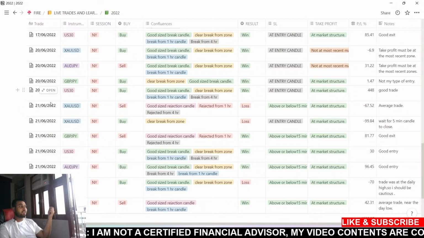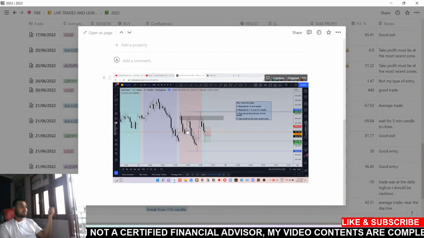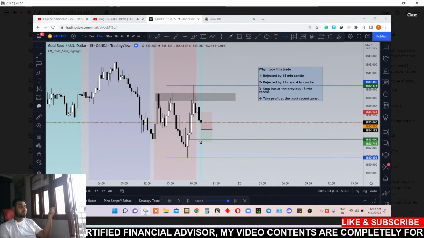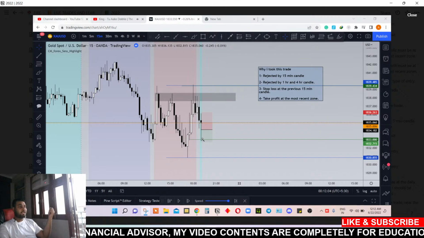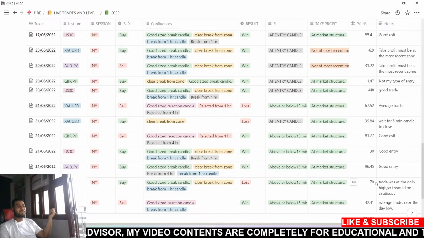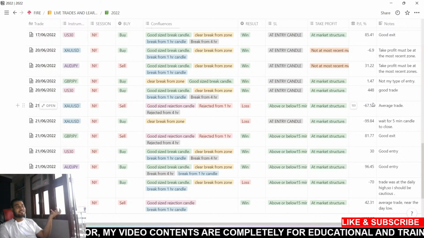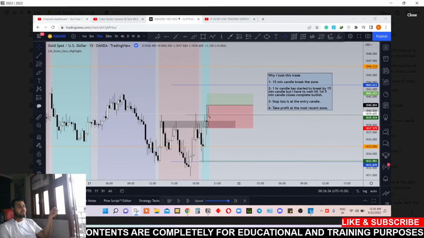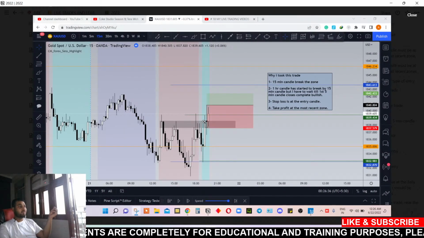This $67 trade again just missed my take profit by some pips, then went up and tagged it. So these three trades were not in my luck. This gold trade was a pseudo breakout trade.